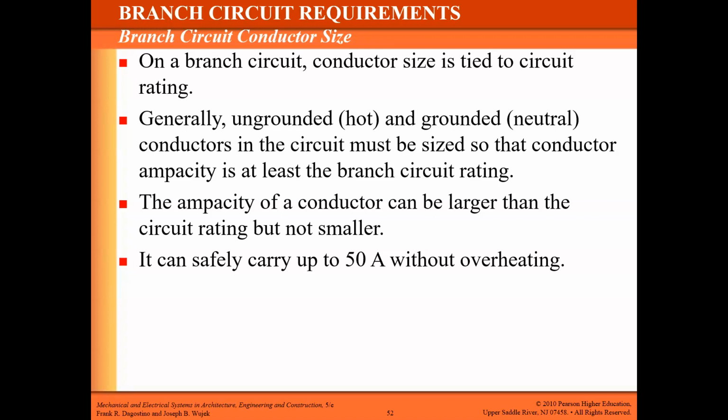We can oversize the wire if we want to. In other words, we can run 10 gauge or 12 gauge wire from a 15 amp breaker. We just can't run a smaller wire. So in other words, we can't run, for example, a 14 gauge wire off of a 30 amp breaker. I think for obvious reasons, right? The breaker will not trip before the wire is overloaded and hot and potentially starting a fire.